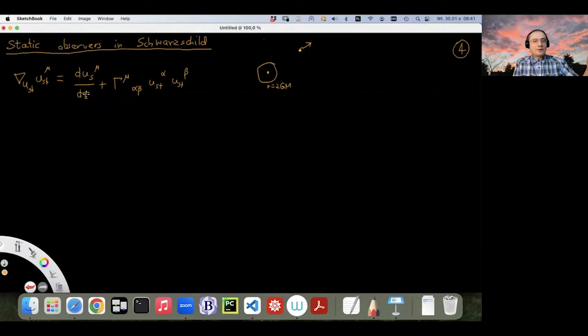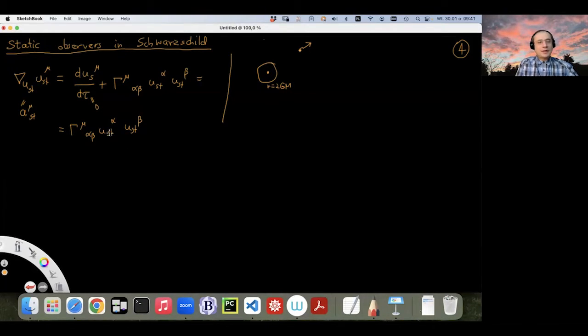A static observer is static. Its four-velocity does not change with time, so this is equal to 0. So this acceleration, let's call it a_static^μ, is just equal to Γ^μ_αβ u_static^α u_static^β.